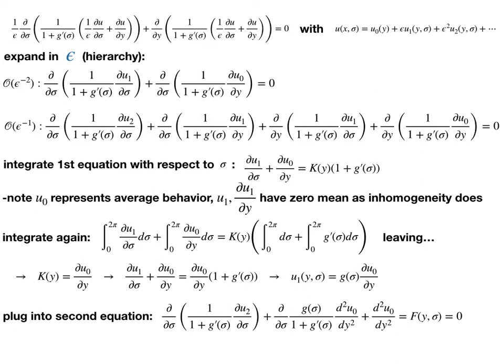We still have this du2 d sigma term, but now we've replaced all our du1 dy and du1 d sigma terms using the expression that we derived for u1. And canceled some things out, and we can say that this is equal to 0.